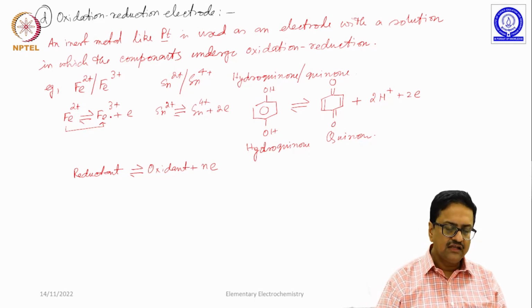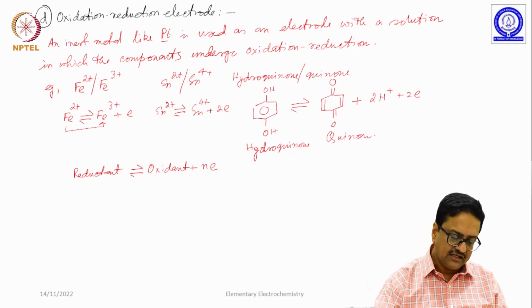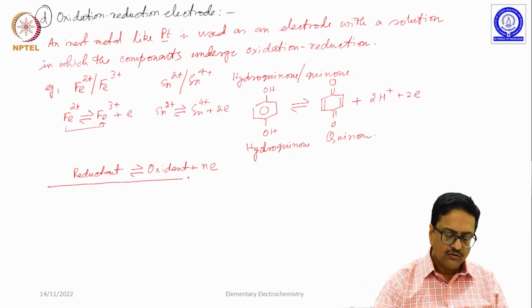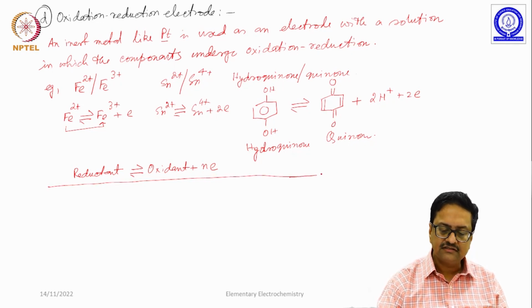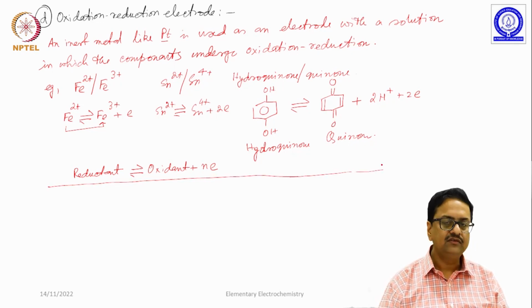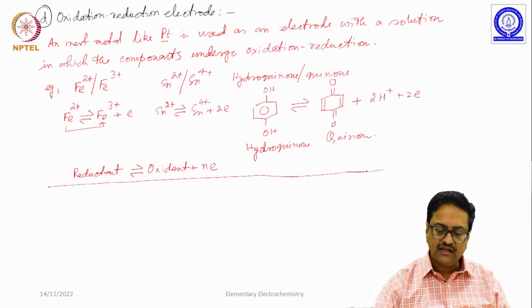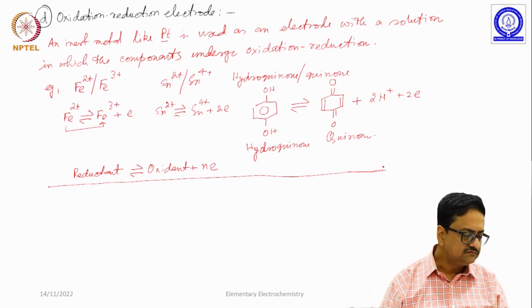So now, if you remember a Daniell cell where we had zinc and copper as electrodes, those represent a cell where one uses the metal ion as electrode.